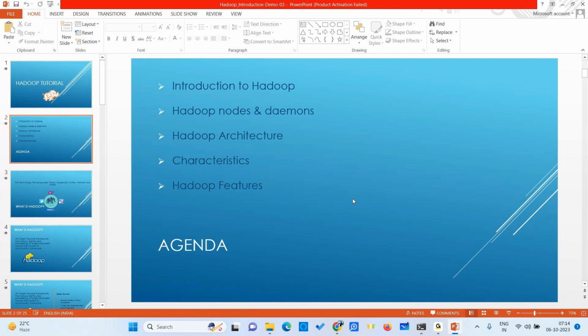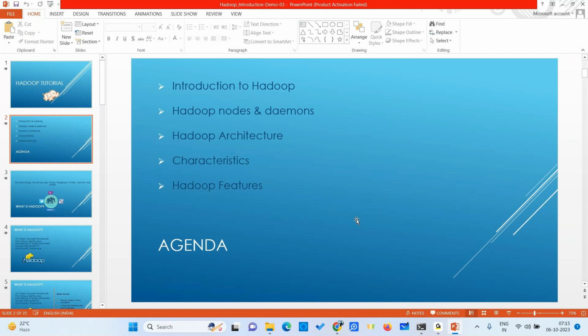All data stored on Hadoop is stored in a distributed manner across a cluster of machines. Cluster means a group of computers. And it has a few properties: huge volumes of data, data access, and cost effective. These are all the different advantages of the Hadoop file system.